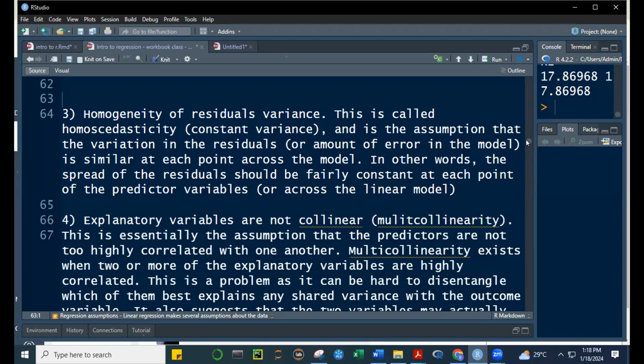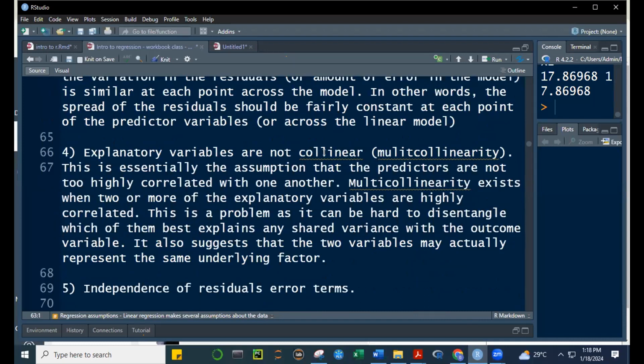Number 4, class, is that the explanatory variables are not collinear. This is what I mentioned a while ago. It's important that the independent variable and the dependent variable should be linearly related.